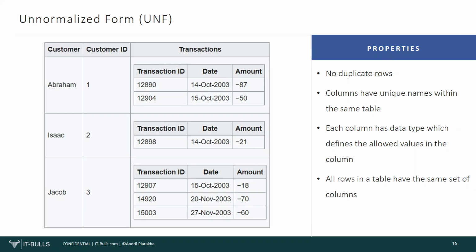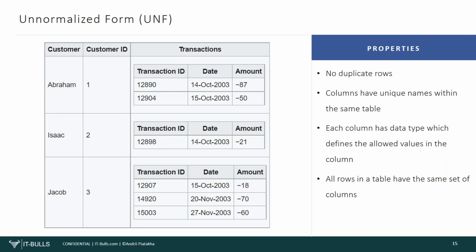All rows in a table have the same set of columns. As you can see, most of the requirements are familiar to us and seem to be logical. But from the theoretical point of view, this is just a starting point for our normalization, and a requirement that should be met before we start applying even the first normal form.